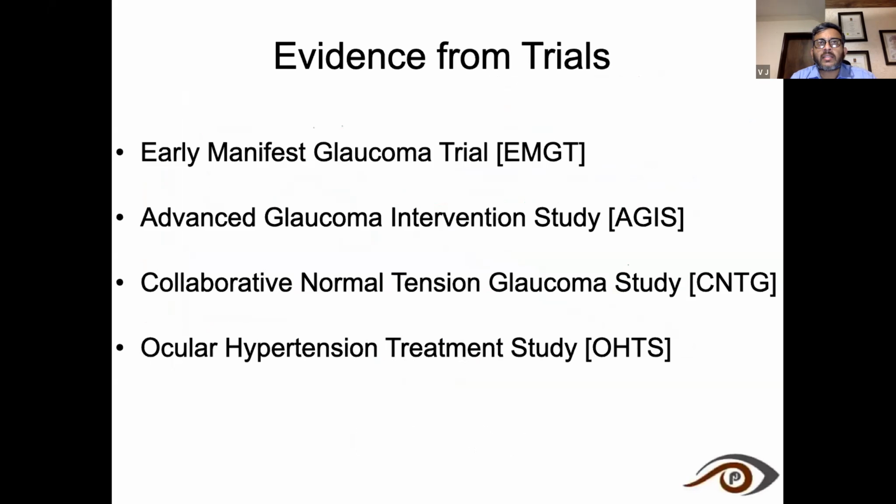Now, this hypothesis, that decreasing intraocular pressure is useful in the treatment of primary open angle glaucoma, has been proven in many trials, the most salient of which are the EMGT, the Early Manifest Glaucoma Trial, AGIS, the Advanced Glaucoma Intervention Study, and also the CNTGS and OHTS.